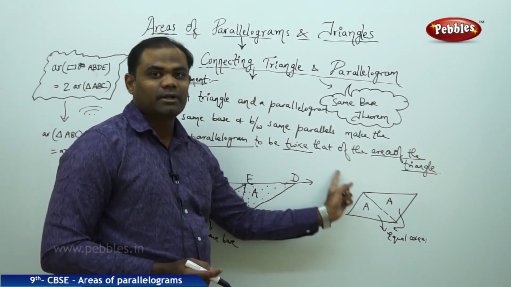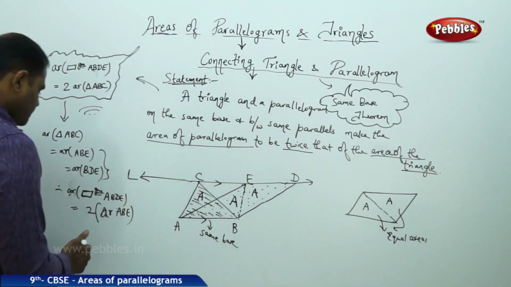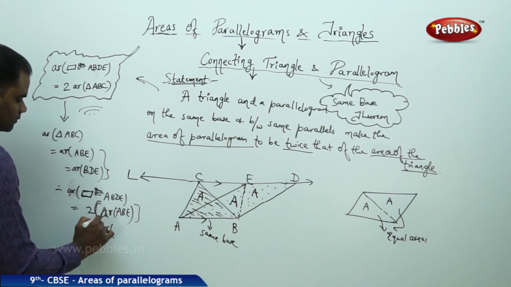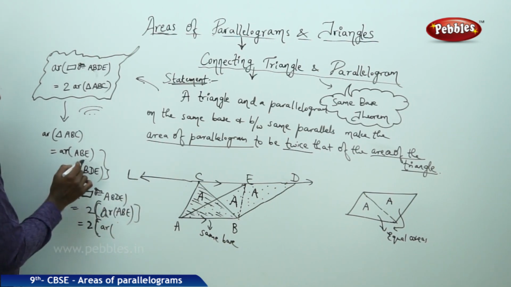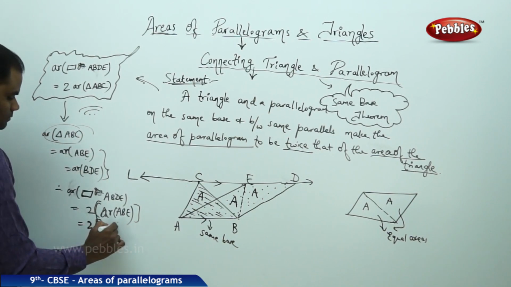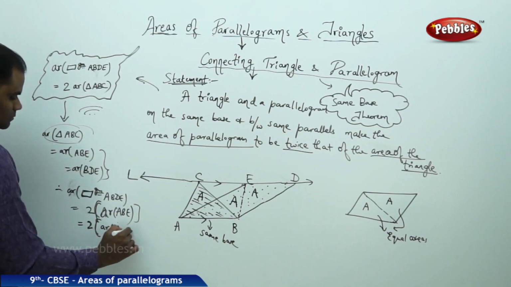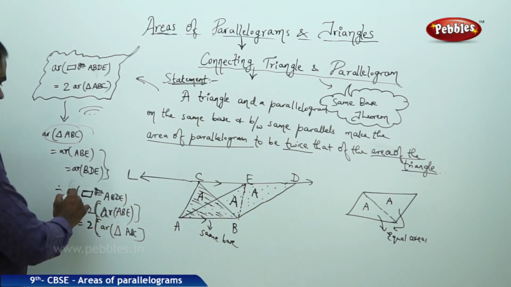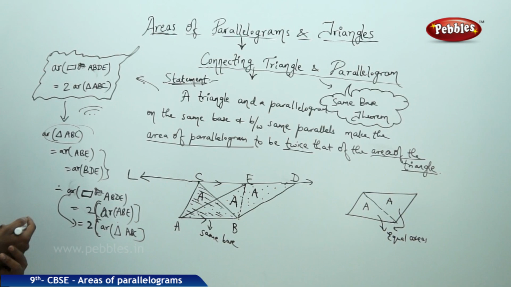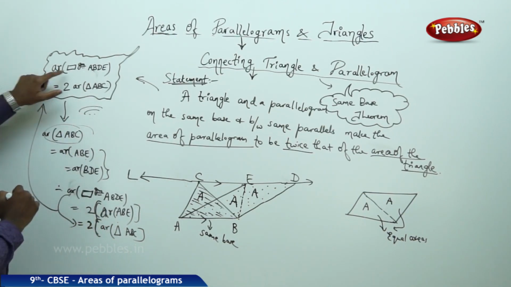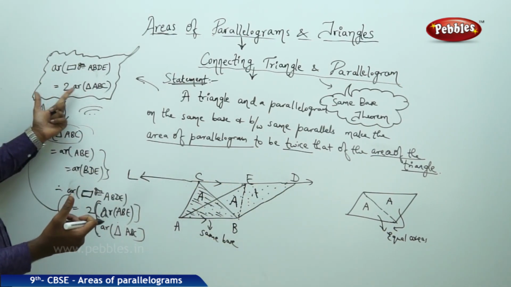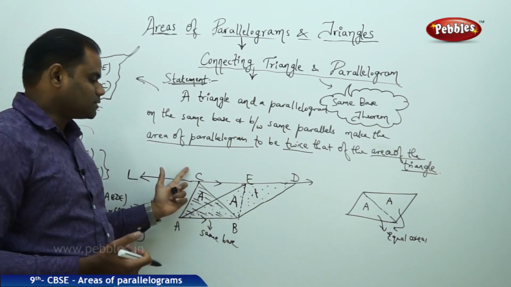These two areas divided by the diagonal are equal, which is nothing but 2 times area of ABE, which is equal to ABC. Therefore, area of parallelogram ABDE is equal to twice area of triangle ABC. That is, area of parallelogram ABDE is double or twice the area of triangle ABC.